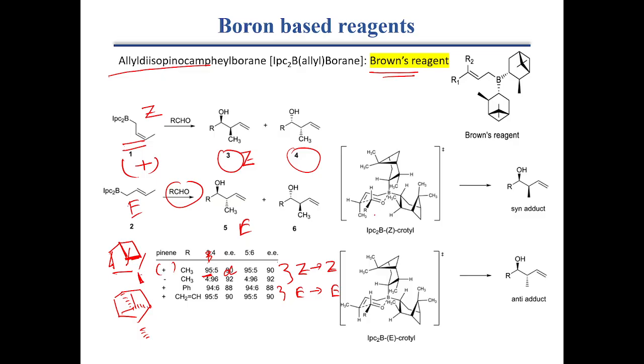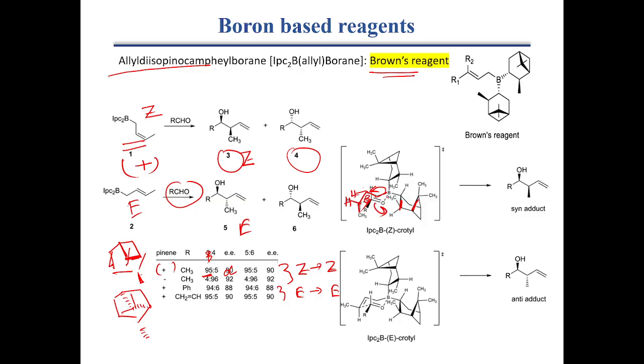This can be explained by this transition state. In these cases, the pinene group is in beta orientation. This is the allyl or propenyl group, which is in Z orientation. Now, when we use an aldehyde, this will go this way and attack the aldehyde.